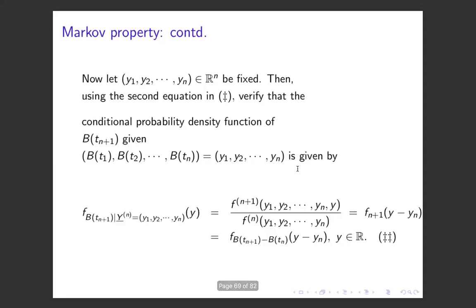By definition of the conditional probability density function, this is the notation for the conditional density function of Bt n plus 1 given this.